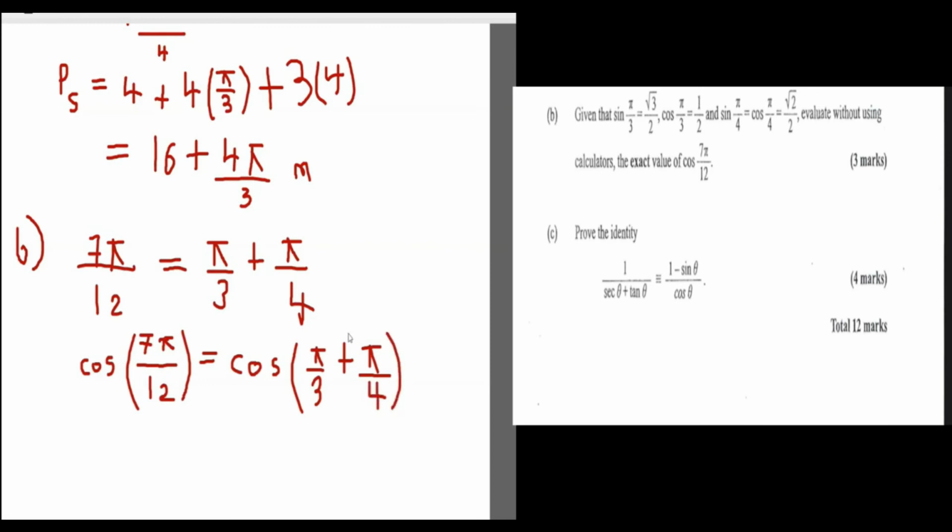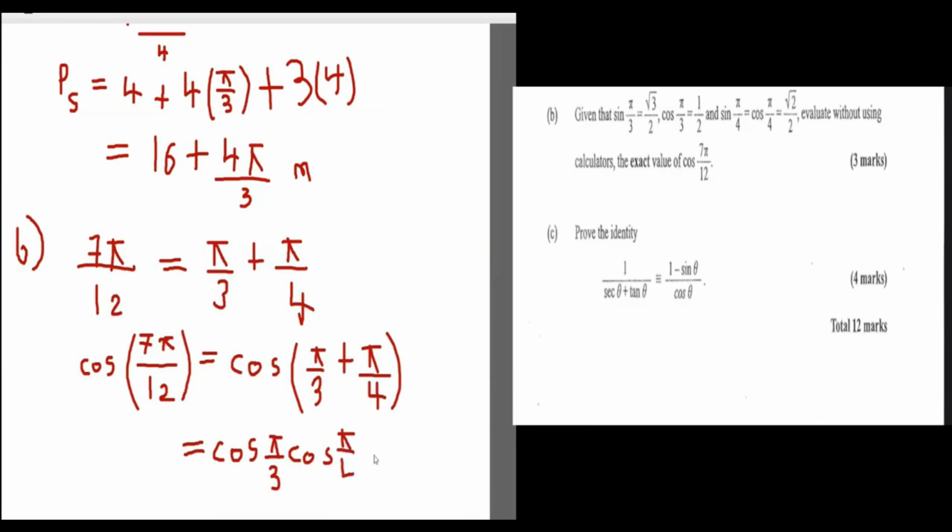So since this is all that they're saying, we can extend this now because we know that the cos of A plus B is equal to cos cos minus sine sine. So this is equal to the cos of pi by 3 times the cos of pi by 4 minus the sine of pi by 3 times the sine of pi by 4.